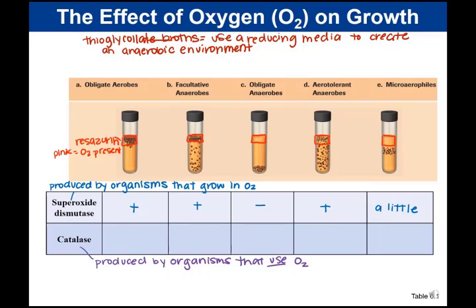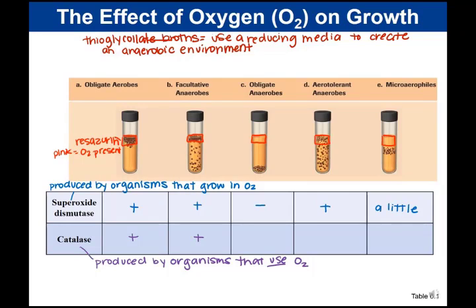So now when we're talking about catalase, catalase is neutralizing hydrogen peroxide, and it's produced by organisms that use O2 as their final electron acceptor, not just grow in the presence, but actually use it. So if we look at our obligate aerobes, would they produce catalase? The answer is yes, because they use O2. Facultative anaerobes, they still use O2 as their final electron acceptor. Therefore, they would produce catalase as well.